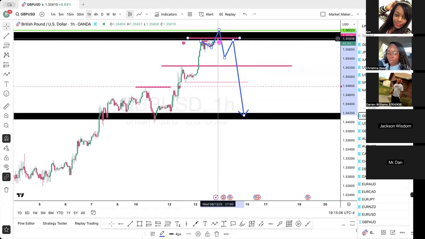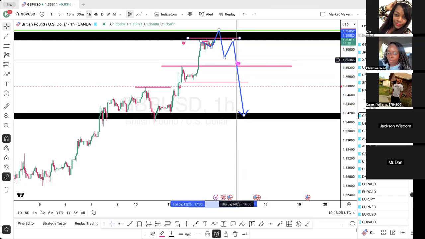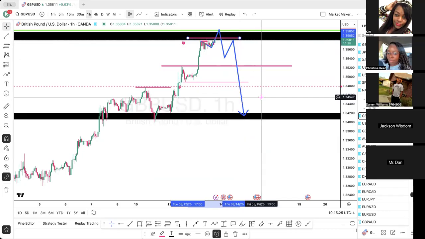But I'm going to always look for my support and my supply and demand in this zone here. So when you trade from one zone to the next, that's how I do it.